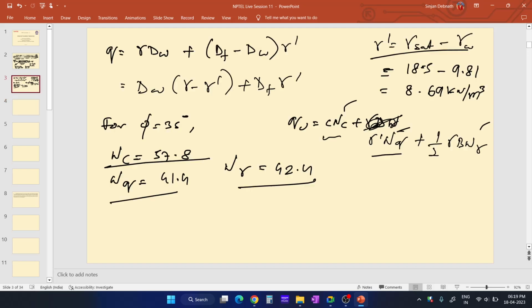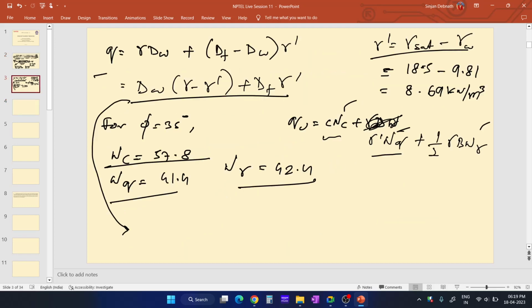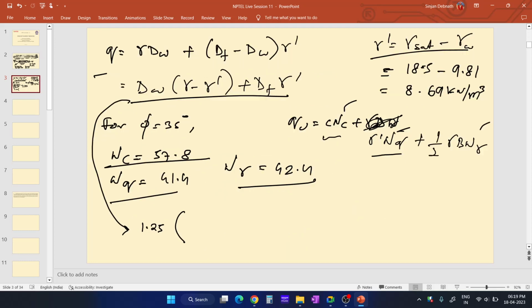Before that, let me calculate the value of q, that is the overburden pressure at the base level of the foundation. If we use this particular equation, dw is the depth of the water table, it is 1.25. So 1.25 into gamma minus gamma dash. Gamma is given in the question, it's 17.5.